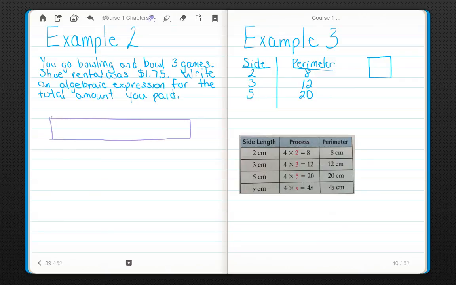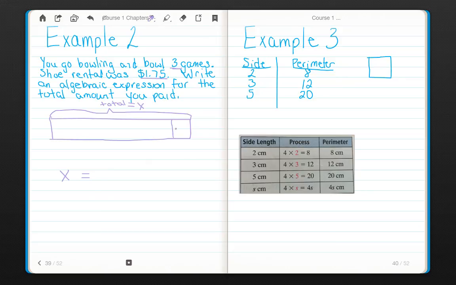So, I have the total amount of money that I paid to go bowling. It's my total. I don't know what my total was. It is my unknown. So I'm going to call it x. Okay? So to start my algebraic equation, I'm going to say x equals, x is my total. I know that I bowled 3 games, and I know that my shoe rental was $1.75.